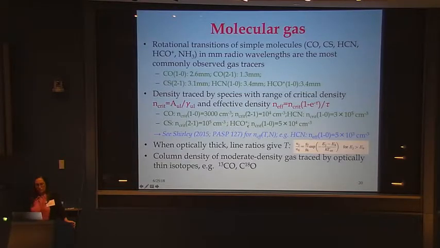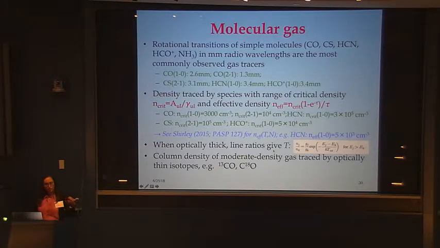That's also why with things like HCN, you'd say, oh, HCN requires a critical density of 10 to the 5. That would be a huge density. Gas like that would collapse very quickly, and you might expect very little of it. In fact, the effective density is much lower than that because it's optically thick. Okay, so how do we know what the temperature is?